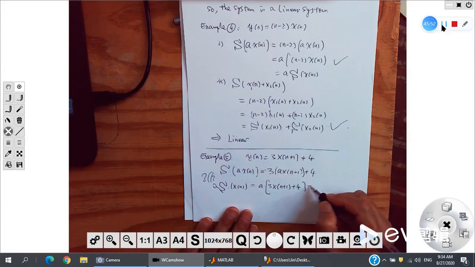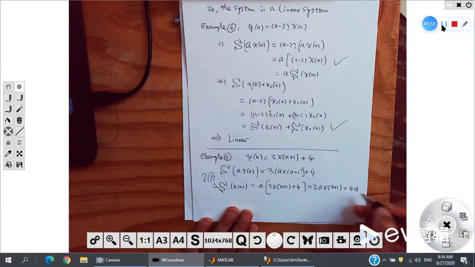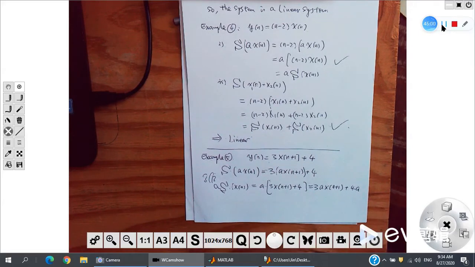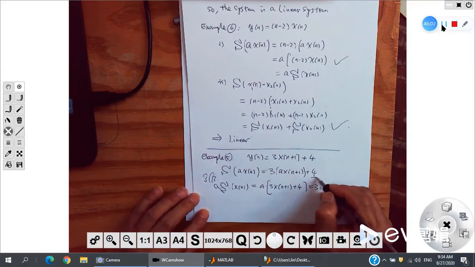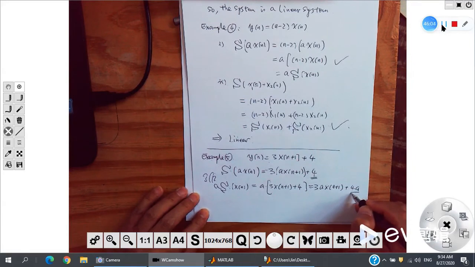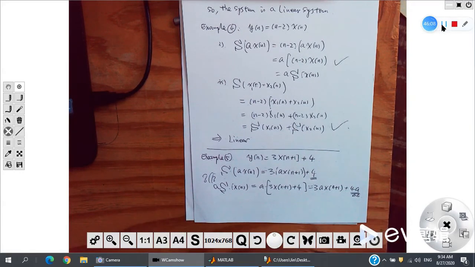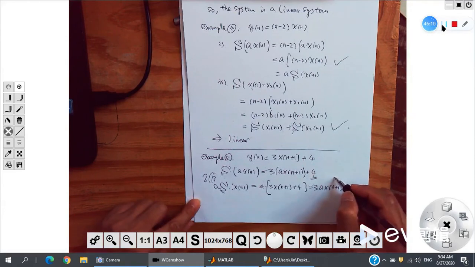So this is 3a x of n plus 1 plus 4a. Are they the same? They are not the same. You see? This is 4, this is 4a. Not the same, different.